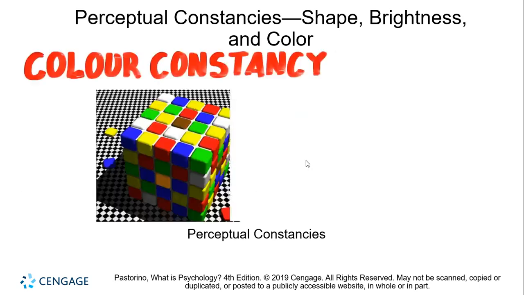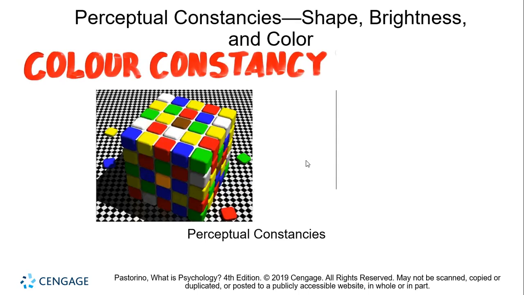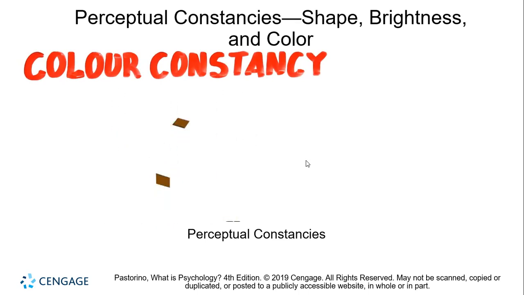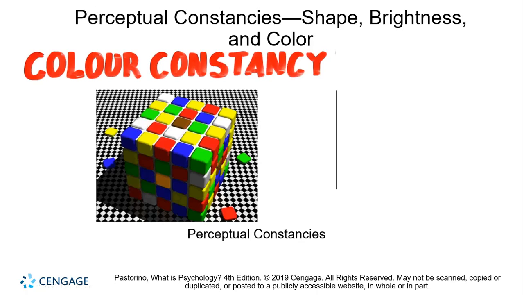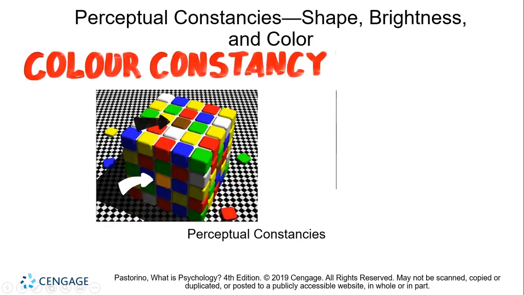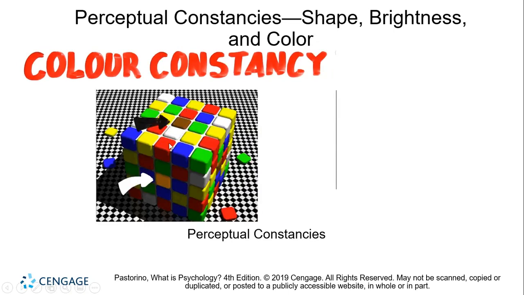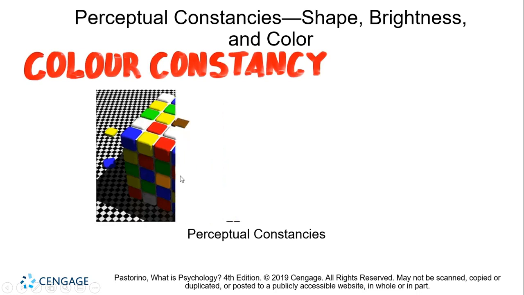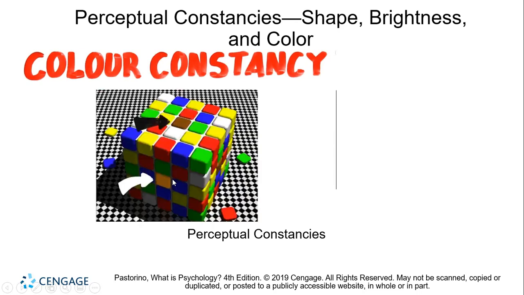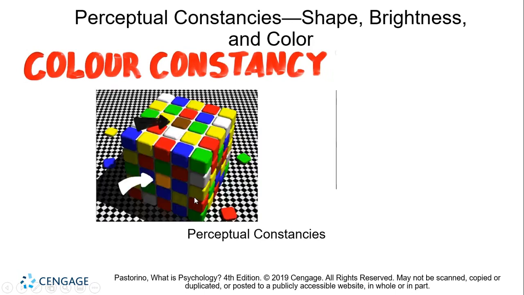Let me show you a better example of that. When the background is gone, you can see that both of those squares are the same color. They're both brown. But when the picture comes back, the square on the top still looks brown, but the square on the bottom looks like a yellow or a slightly orange color.